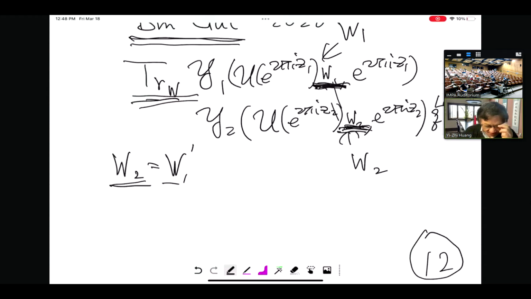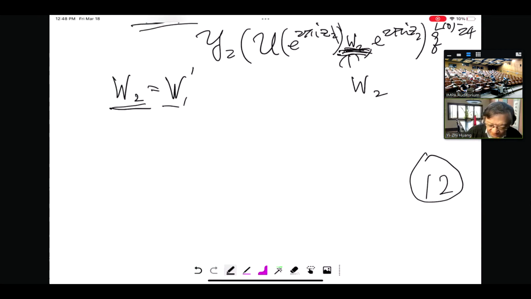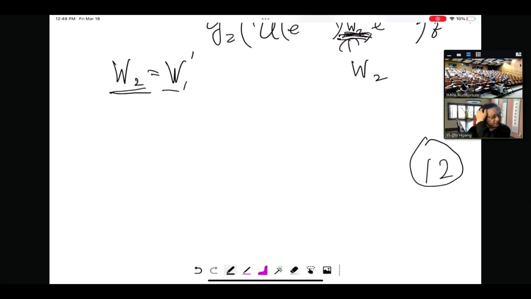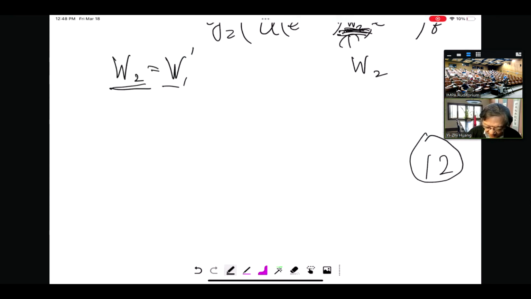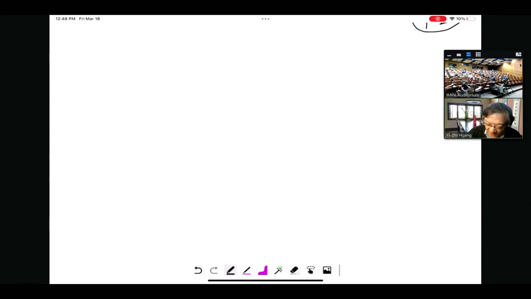Okay. So the high genus convergence part has been proved. Now I want to discuss the open problems. Number 6 is the orbifold theory.